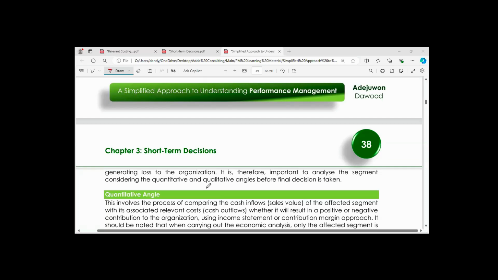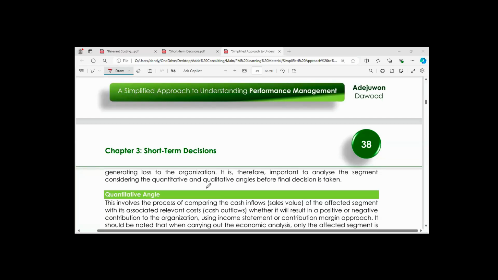The only reason the company is contemplating that is because the segment is operating at a loss. It is therefore important to analyze the segments, considering both the quantitative as well as the qualitative factors before the final decision is taken.